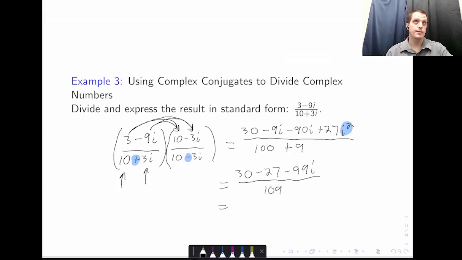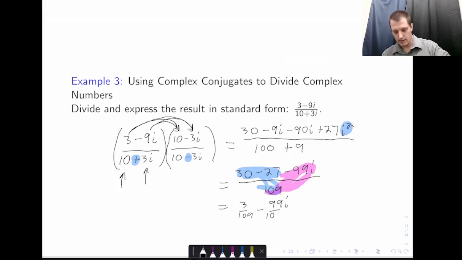And then what I'm going to do is I'm going to kind of break this up. I'm going to write this as two different fractions. I'm going to have our real part, which is going to be a 3 over 109. Then I'm going to have our imaginary part, minus 99i over 109.